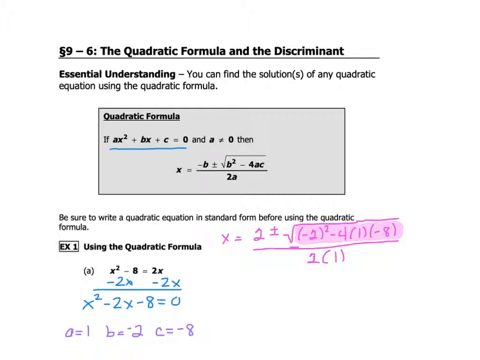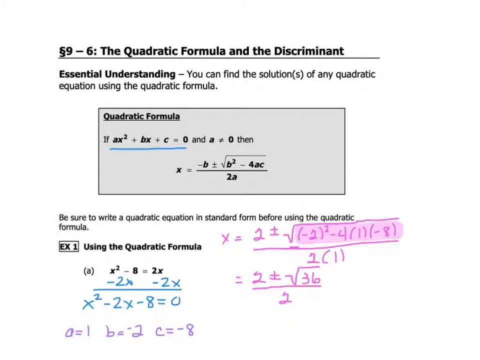If you followed along and did this in your calculator, you'd find that you get 36. So when we simplify this, we get 2 plus or minus the square root of 36 over 2 times 1, which is 2.